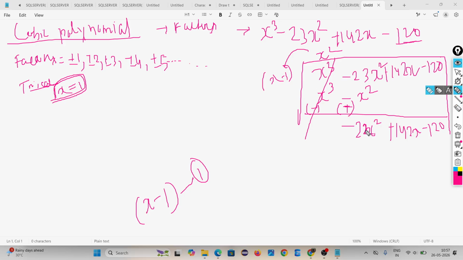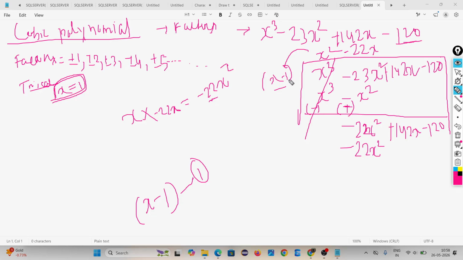Look. Ax is there, you have to convert x to minus 22x square. What you multiply with x, that is your result. To get minus 22x square, I am multiplying with minus 22. Minus 22x into x will be minus 22x square.